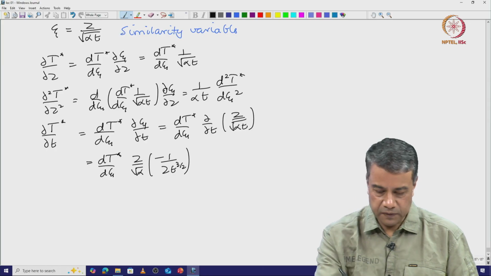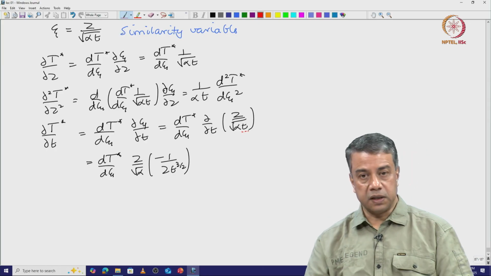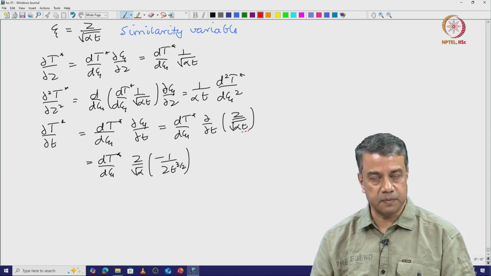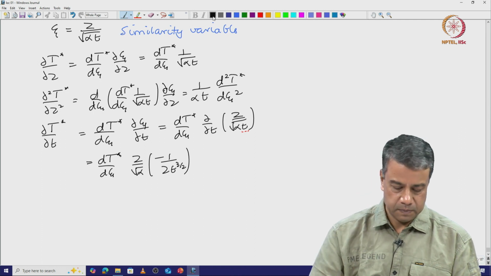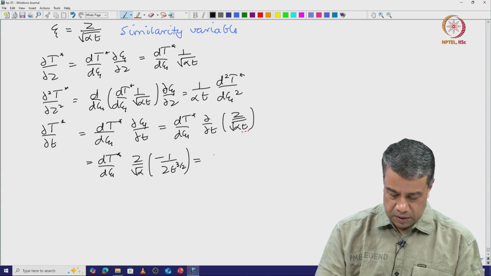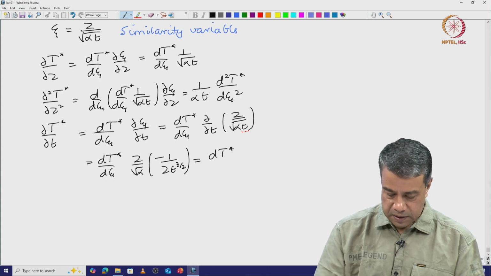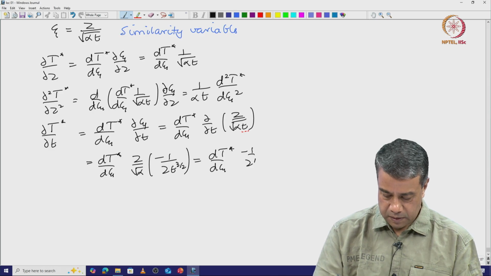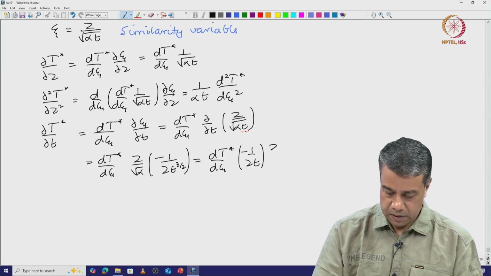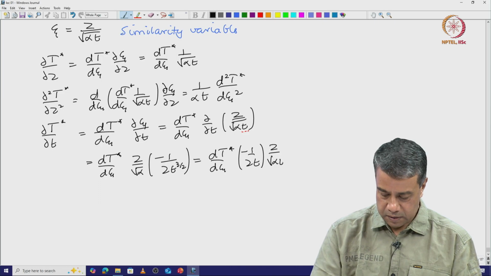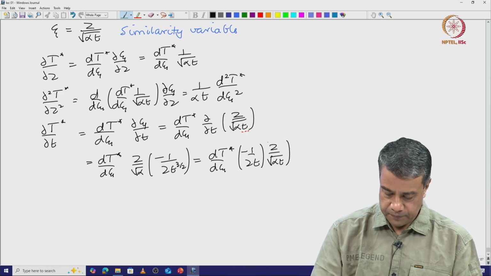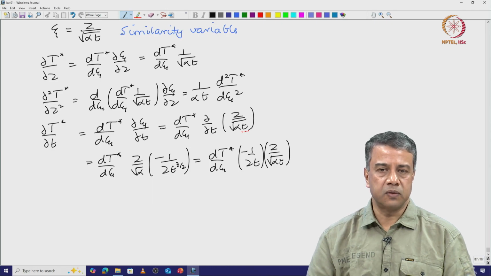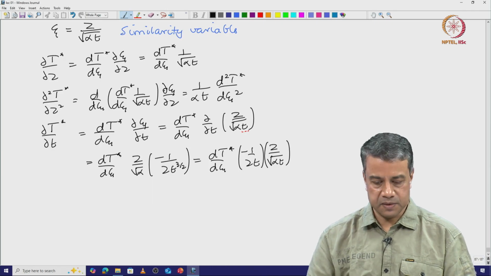I have a square root of t in the denominator here. The derivative of 1 over root t is minus half into t power minus 3 by 2. Rewrite this by separating out t power 3 by 2 as t times square root of t.